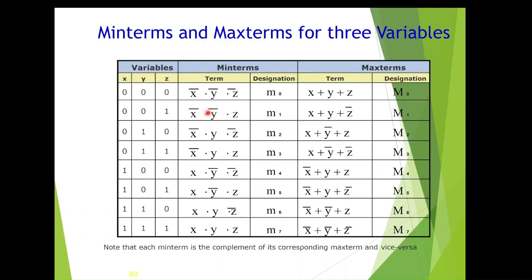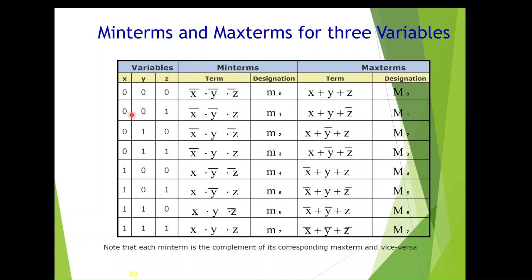And this is the summary of min terms and max terms for 3 variables just for convenience. Here 0, 0, 0 means we have to write the min term as x bar dot y bar dot z bar. That is M0, that is a small letter or the lower case m0. Okay, for the max term for 0, 0, 0 means it is x plus y plus z without complement. Then this is capital M0.